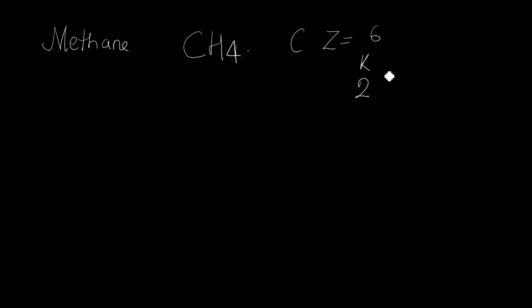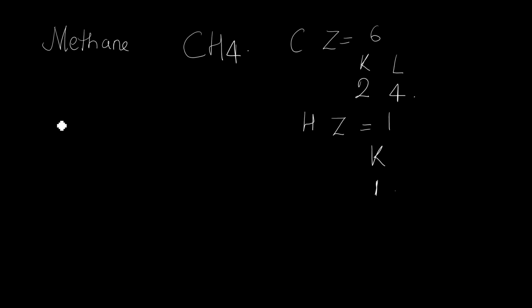Let's see another example, methane. Methane is CH4. So the carbon Z is the atomic number. K shell contains 2 electrons, L shell contains 4 electrons. Hydrogen atomic number is 1. K shell contains 1 electron.